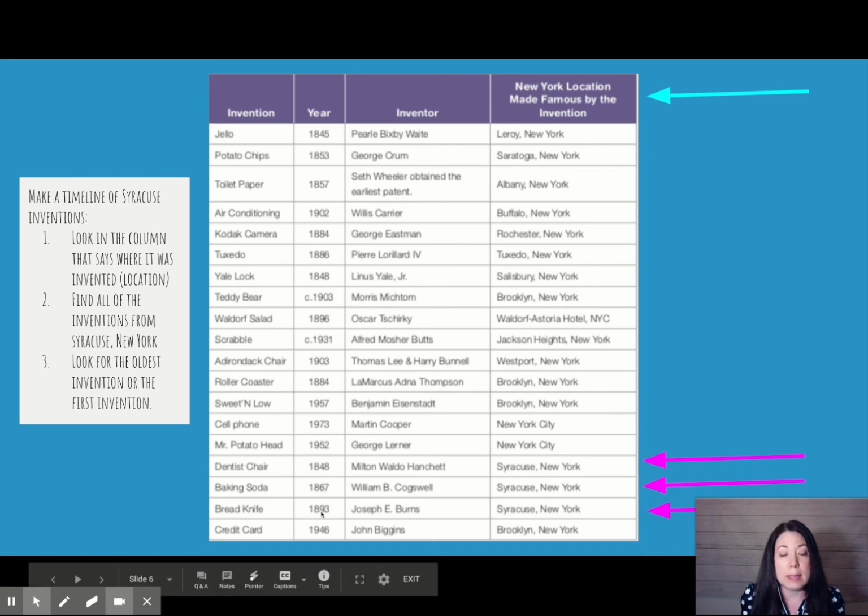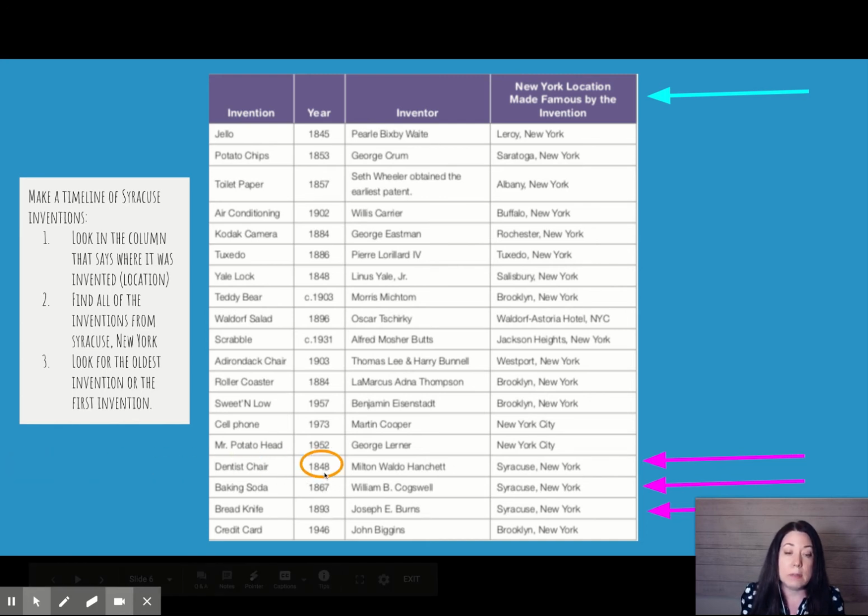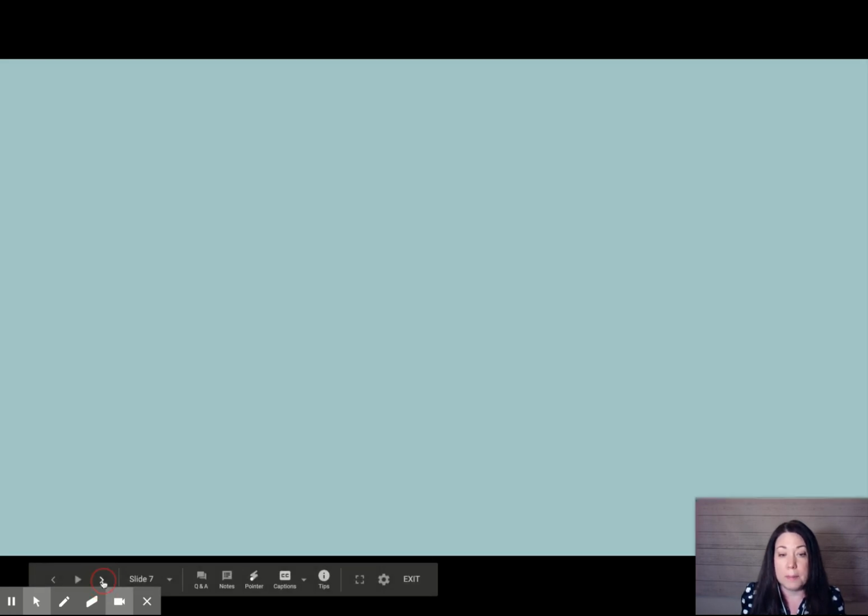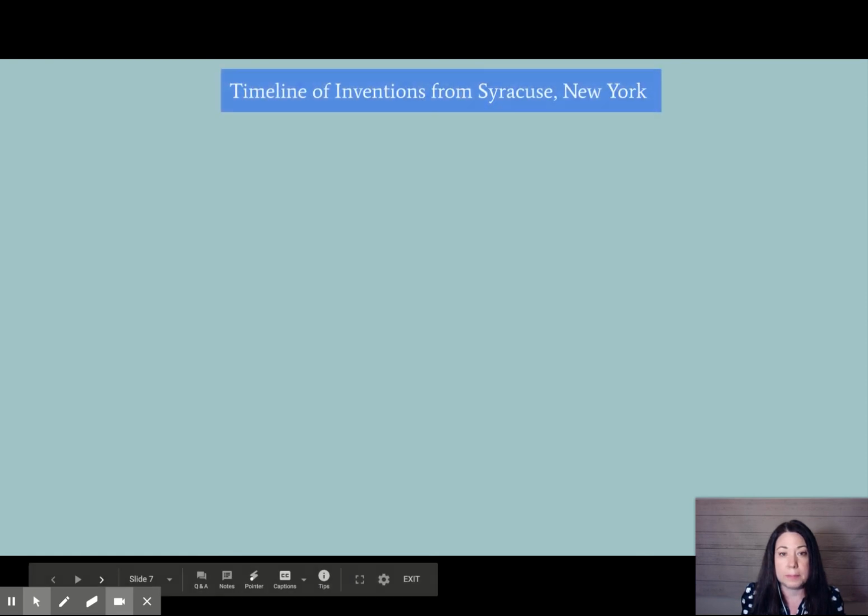And this says 1893. So that happened after both of them. So 1848 is the earliest invention. What did they invent? The dentist chair.